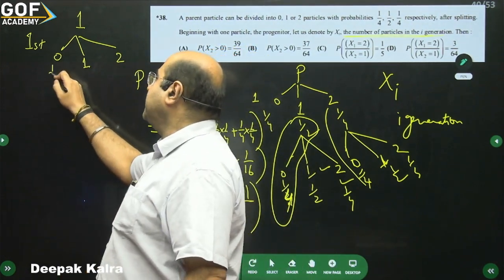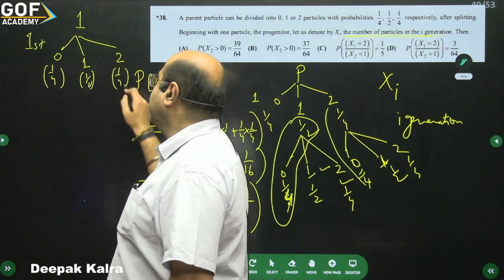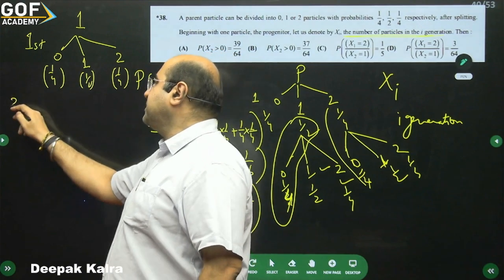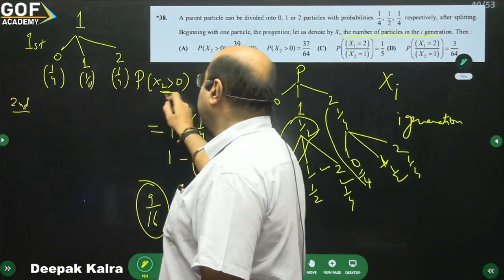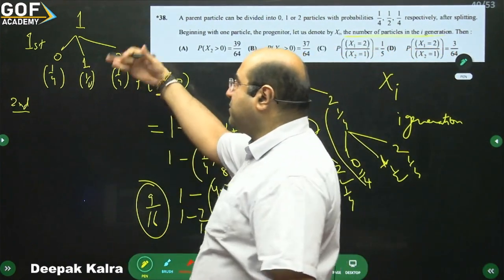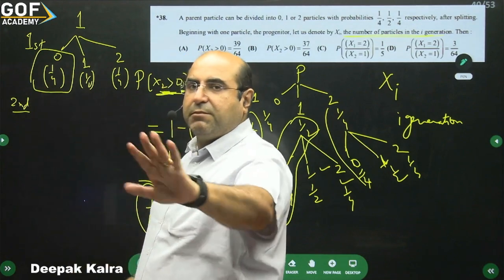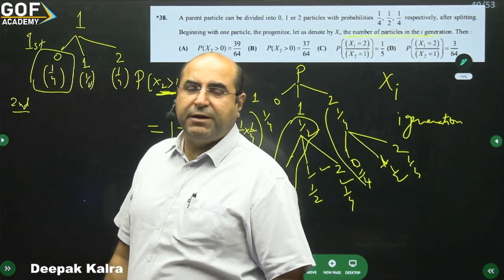With their probability 1 by 4, 1 by 2 and 1 by 4. Am I right? Then you go to second generation because you need to proceed. Second generation will come after this only. Here we cannot move ahead because I don't have any particle. It stops here itself, right?